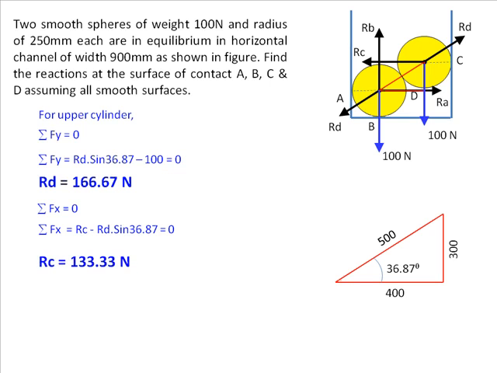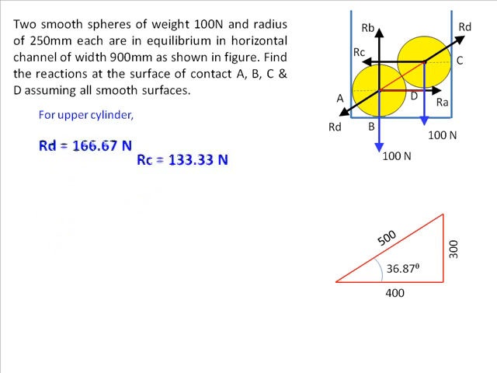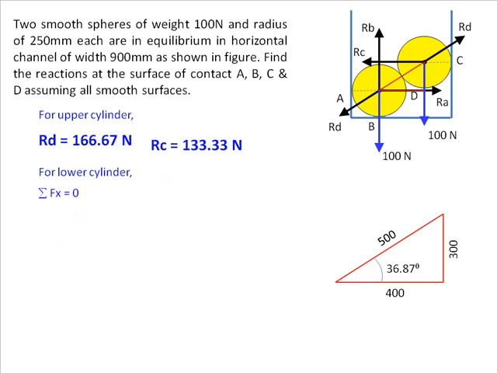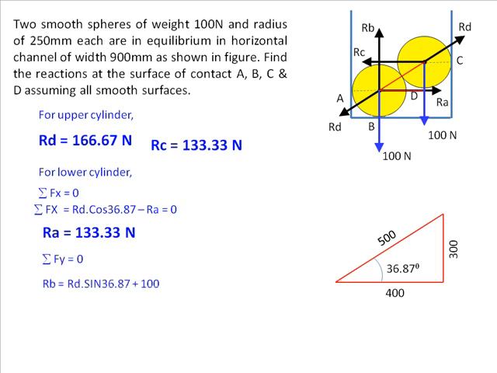So you get Rc. Do the same thing for the lower cylinder, sigma Fx and sigma Fy, to get Ra and Rb. And thus we have found all the reactions. Thank you.